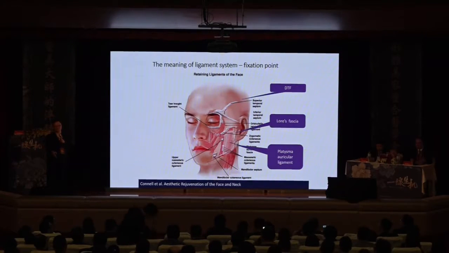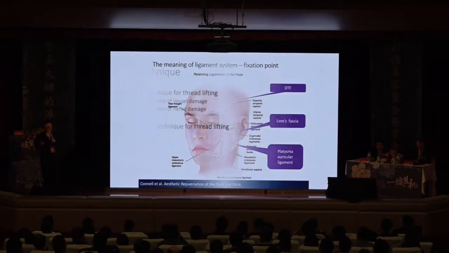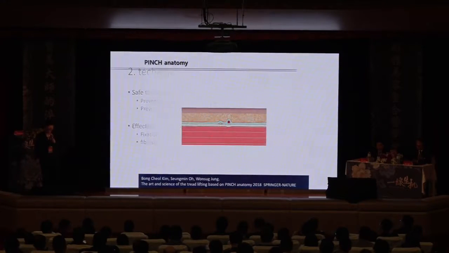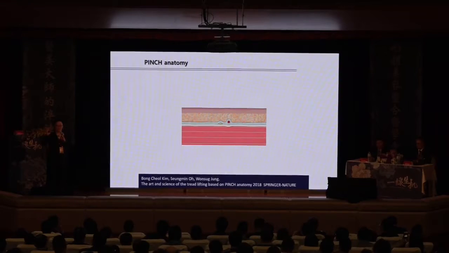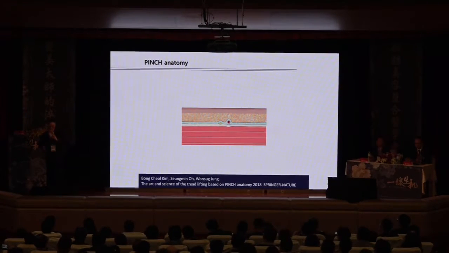Previous speakers all talked about this ligament and this fascia, and the technique. This is the temple area. The limitation of this research is that the cadaver has very little fat, so it is very thin, and the subcutaneous pad is not so thick.